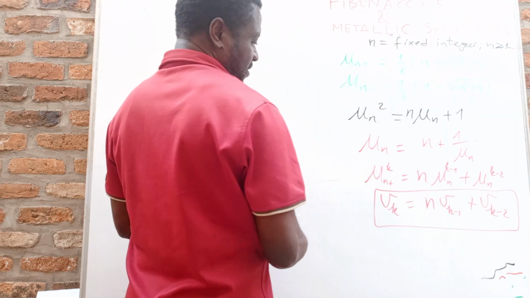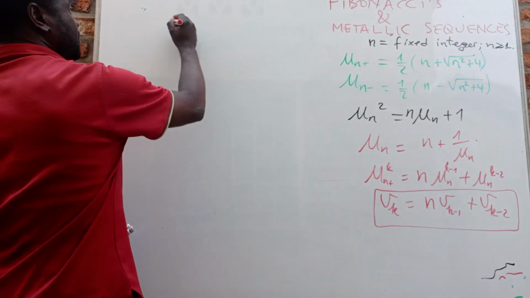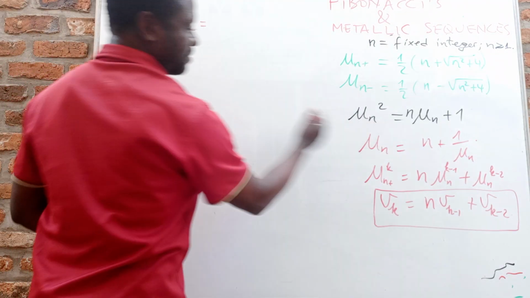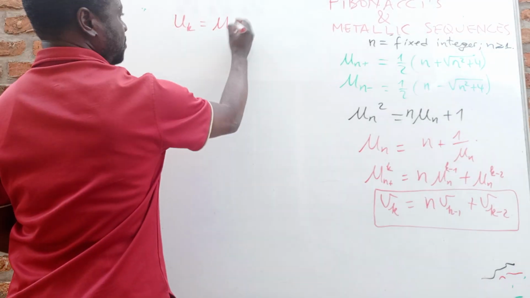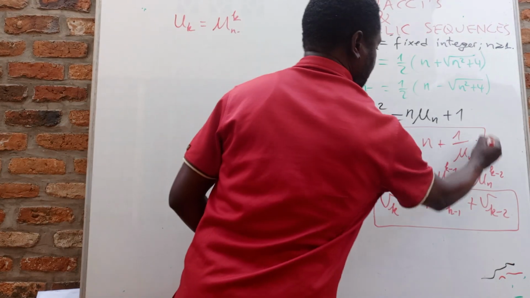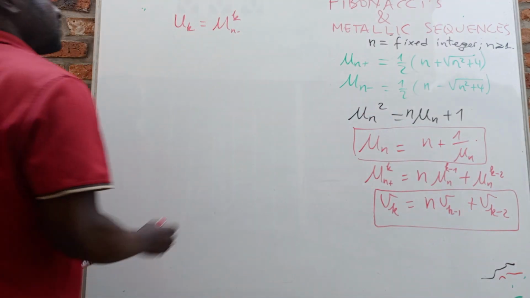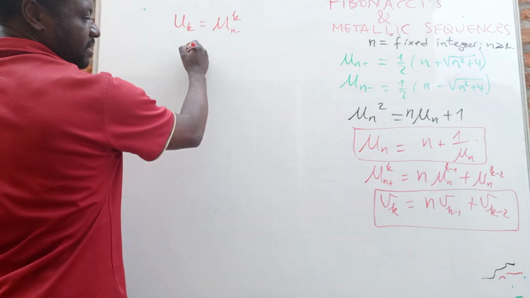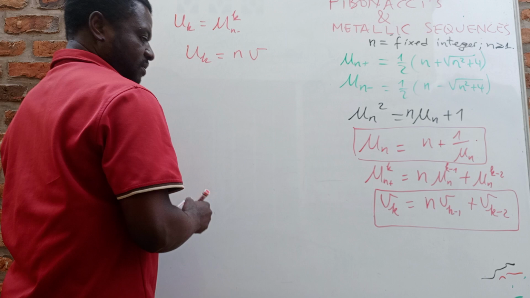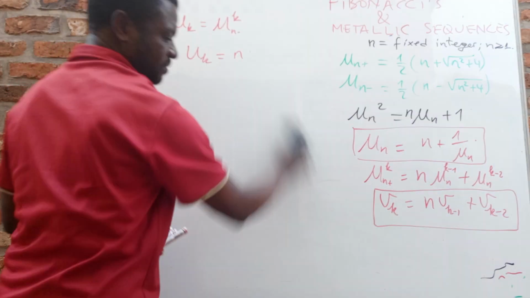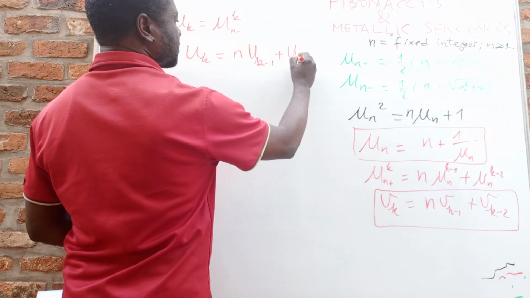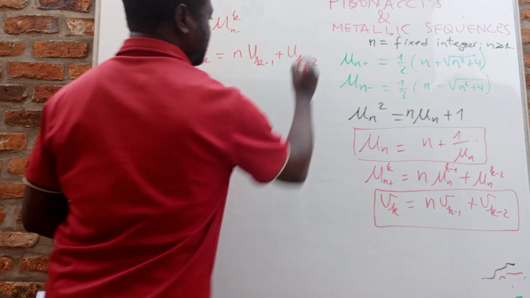Also, if we define another one like uk, which is equal to the second one, mu n minus power k, since it verifies this condition from the characteristic equation, we might also have uk equal to n times uk minus 1 plus uk minus 2.